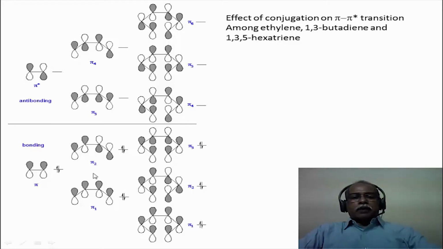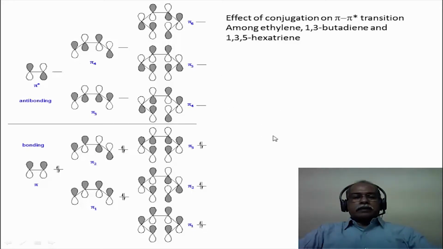Similarly, these are the pi molecular orbitals which are bonding, filled molecular orbitals. These are the pi star molecular orbitals which are unfilled. Similarly, hexatriene has 6 pi electrons, so 3 molecular orbitals occupying 2 each correspond to 6 bonding electrons, and then you have the 3 antibonding levels also which are unoccupied or empty molecular orbitals.